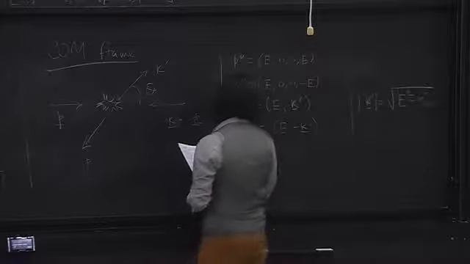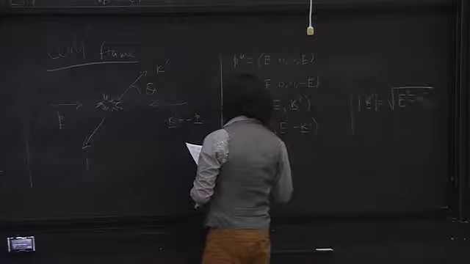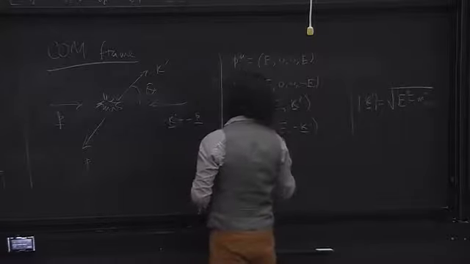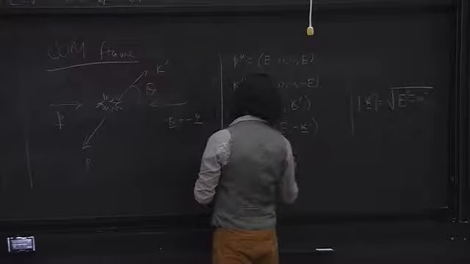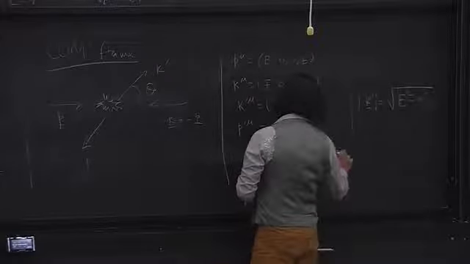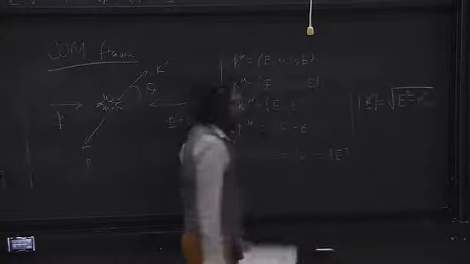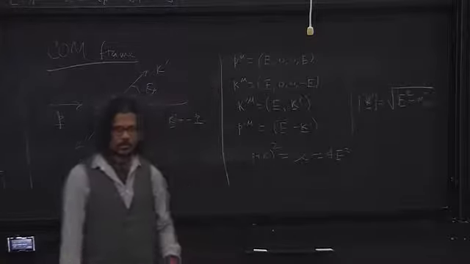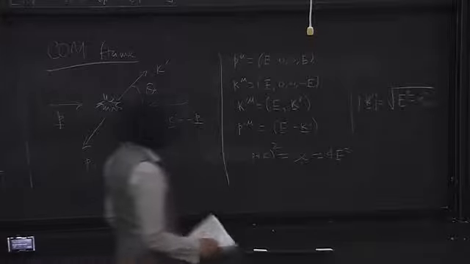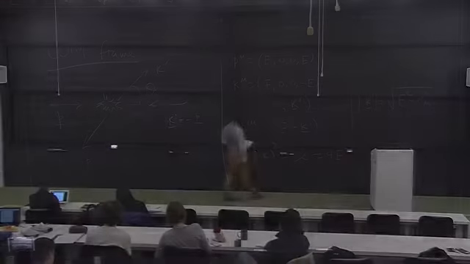And instead of P plus K, so here it's a 4-momentum. These are all 4-momenta. The 4-momentum squared we call S, which is our Mandelstam variable, which we also saw in our tutorial. So these are the quantities that we will use to express our cross-section.